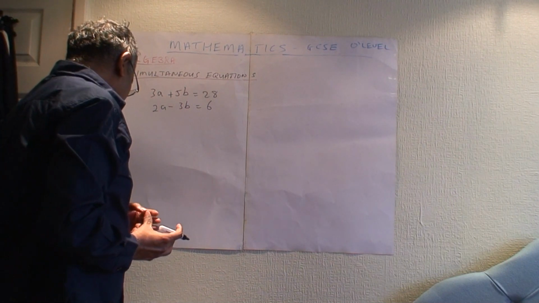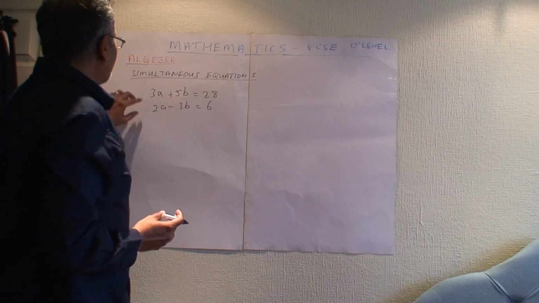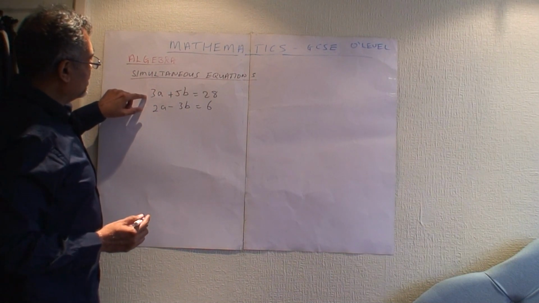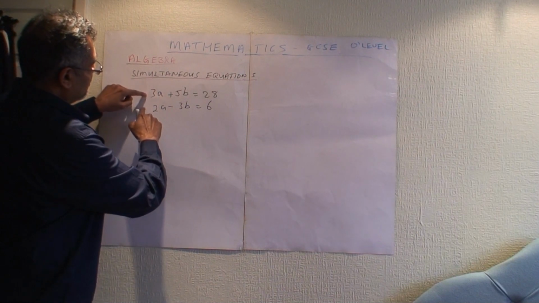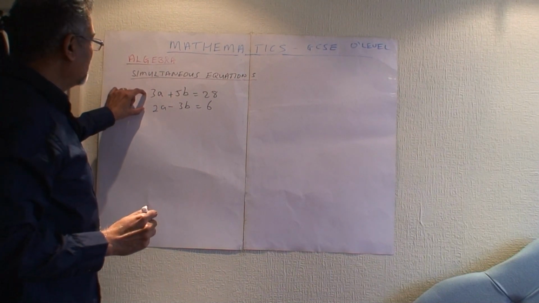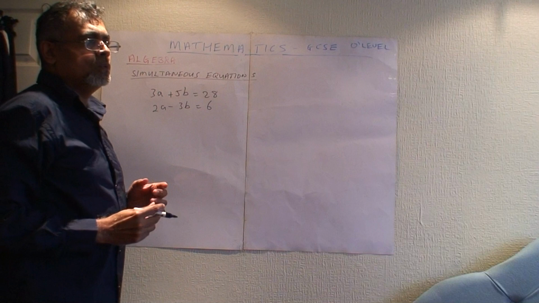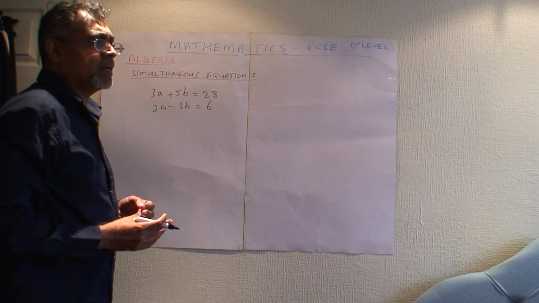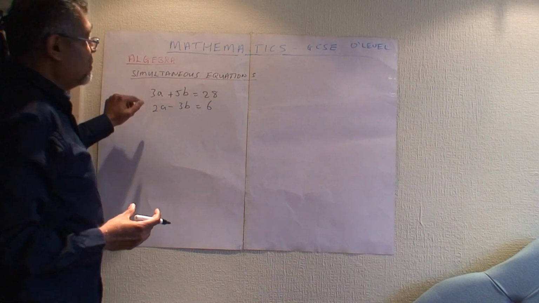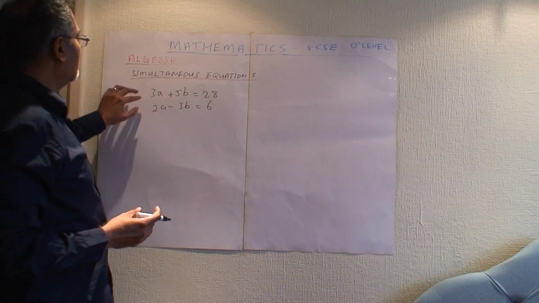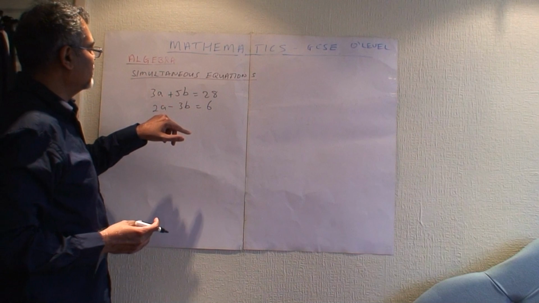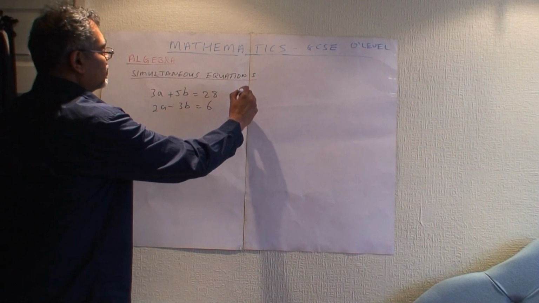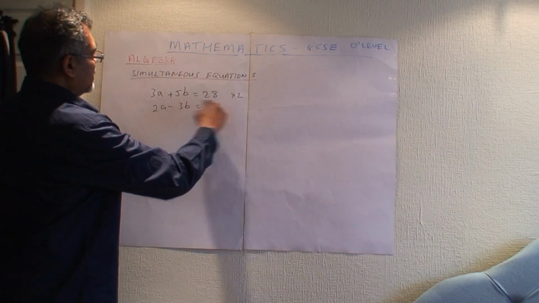So if nothing is the same, then we would have to make it the same. Now if we want to make these values here the same, we need to multiply by a factor that would make it the same. If we multiply this 3a by 2, this 3 becomes 6.